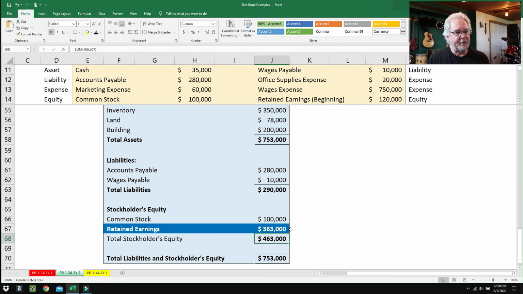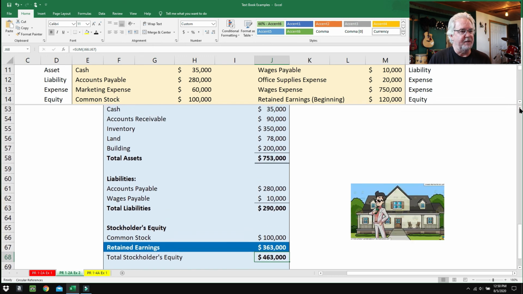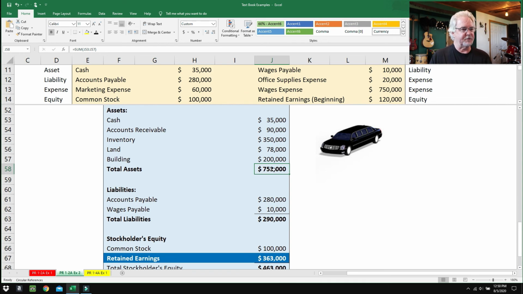Now, you've probably heard of people that have a net worth of $1 million or something like that, or a net worth of $1 billion. Well, what that means is that an individual's equity here would be $1 million. So in other words, they have a lot of nice things, maybe a nice car or nice cars, boats, houses, whatever, a lot of nice assets, minus away what they owe, and you get their net worth.